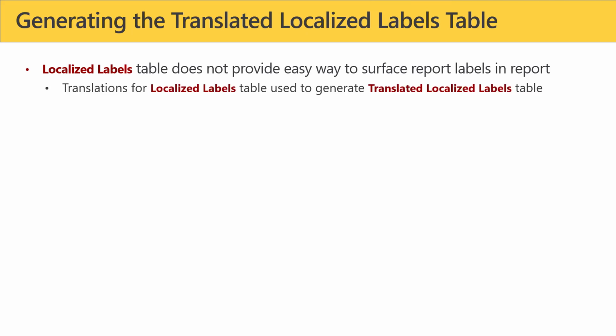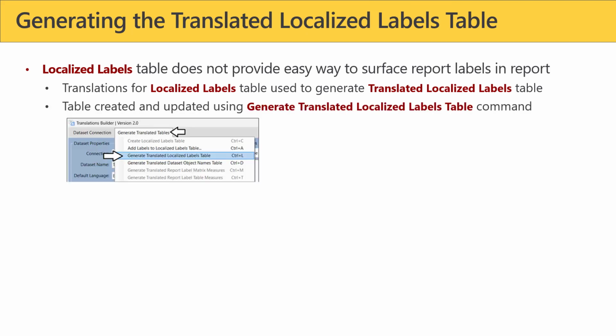Now, translations for localized labels are stored in that table, and they're used to generate a second table. So just like there's the localized labels table, there will also be the translated localized labels table. Now, the way it works is that every time you make changes, by adding a language or adding translations, you have to keep the two tables in sync by running a command called generate translated localized labels table.